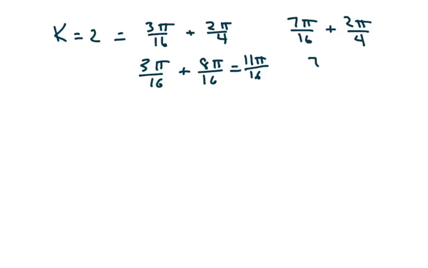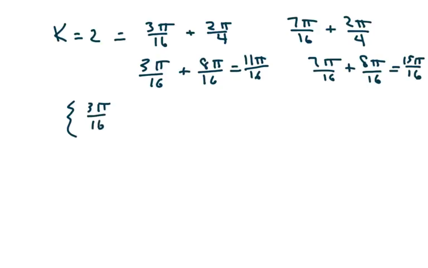And this one's going to be 7 pi over 16 plus 8 pi over 16, which gives us 15 pi over 16. So basically our solutions so far are 3 pi over 16, 7 pi over 16, 11 pi over 16, and 15 pi over 16.